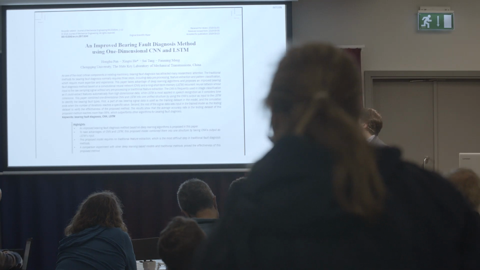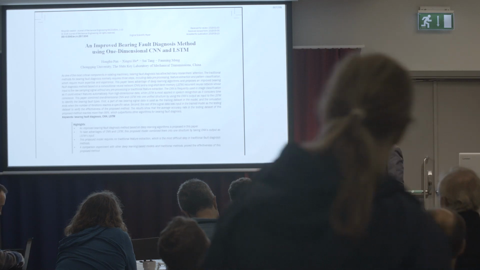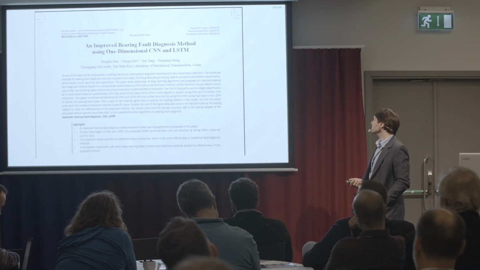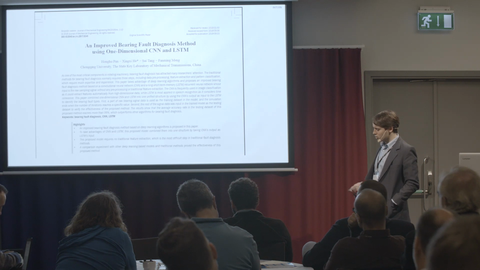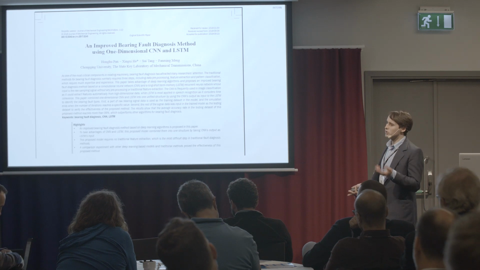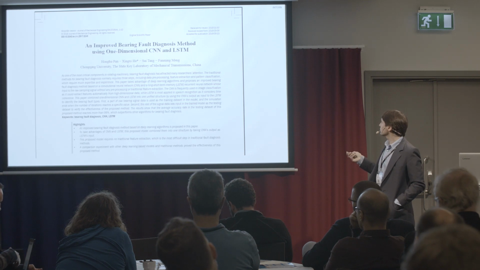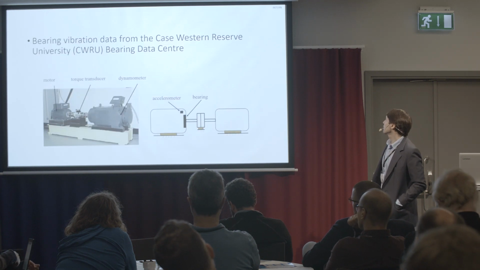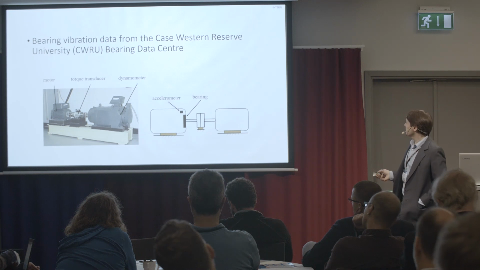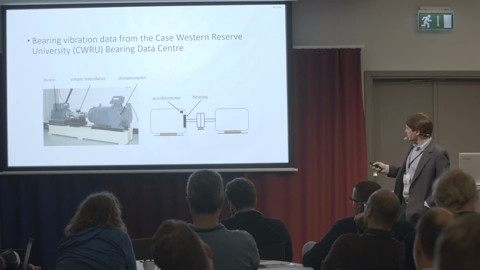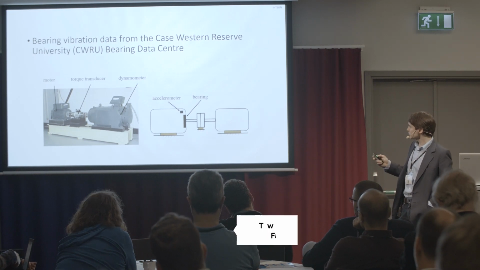It was published in the Strojniski Vestnik Journal of Mechanical Engineering. What they do here is combine a convolutional neural network with LSTM layers, and they also achieved very good results.